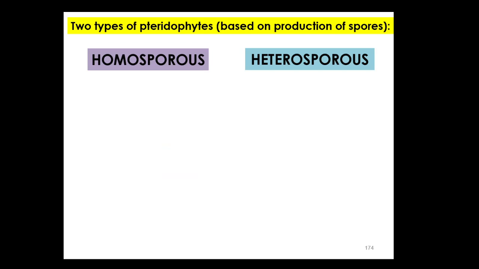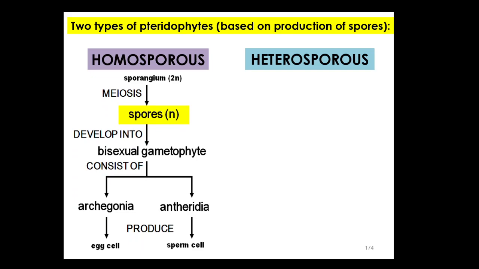So let's look closer at what is homosporous and what is heterosporous. If it is homosporous, it will have a diploid sporangium. Okay, the sporophyte will have sporangium. The cells in the sporangium will divide by meiosis to produce haploid spores. And that haploid spore, once it is released, will develop into a bisexual gametophyte.